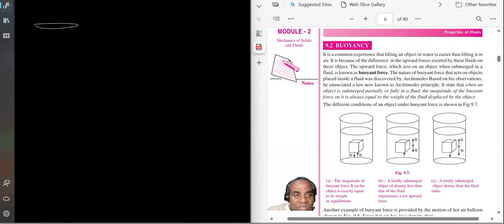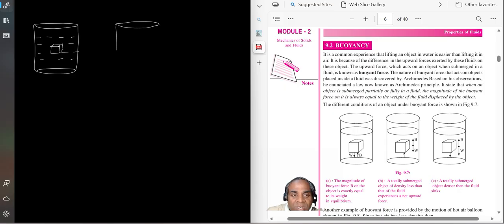This was our scenario A, wherein the object was lying submerged inside the liquid, correct? And this was the scenario B, wherein the object sunk to the bottom of the vessel containing the liquid.